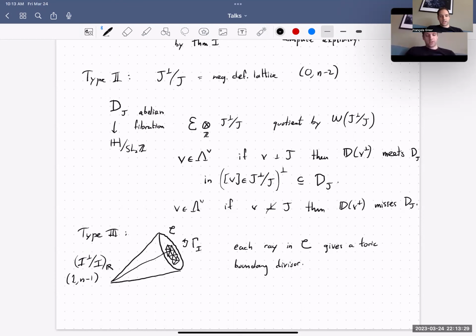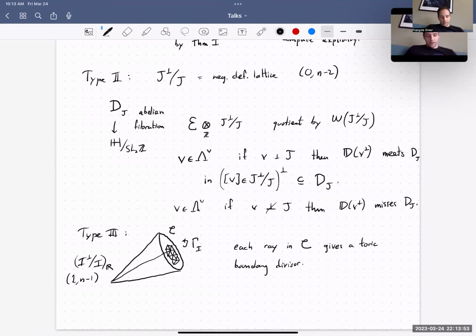Okay, so just to sketch the computation, you try to calculate how these nodal Lefschetz divisors intersect any given test cycle. A test cycle in this case can be assumed to be a toric curve, so that corresponds to a codimension 2 facet of this polyhedral decomposition.